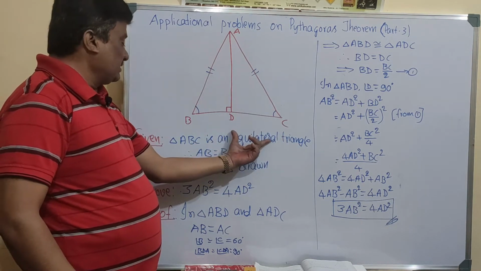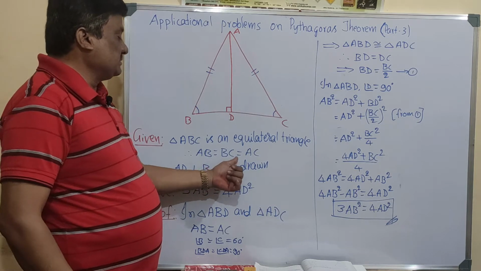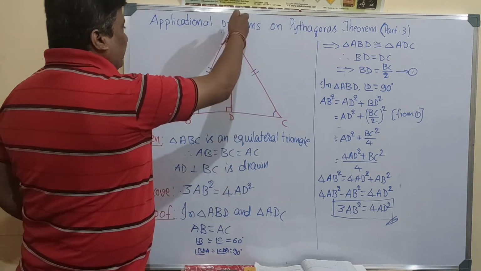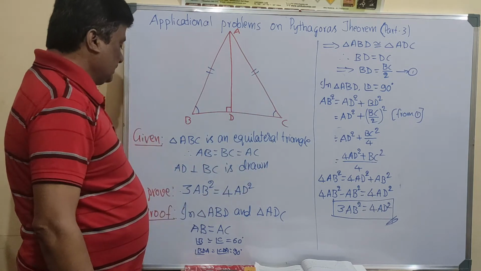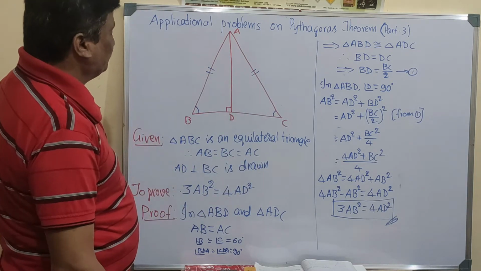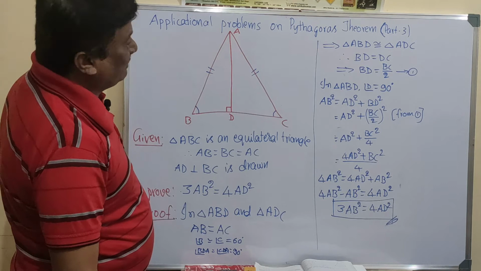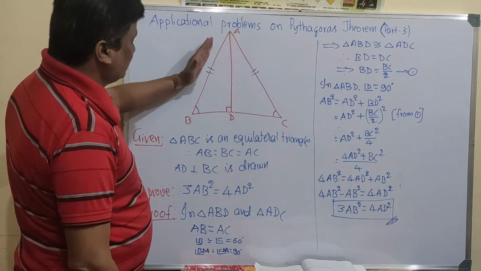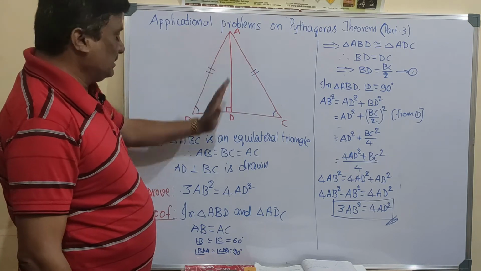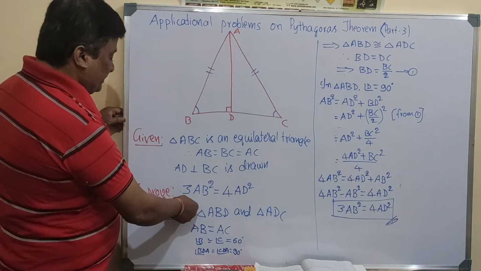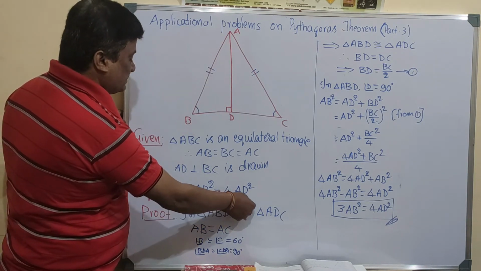As it is an equilateral triangle, AB is equal to BC is equal to AC, and AD perpendicular to BC is drawn. Then what we want to prove? 3 times the square of any one side of an equilateral triangle is equal to 4 times the square of its altitude. That is 3 AB square is equal to 4 AD square.